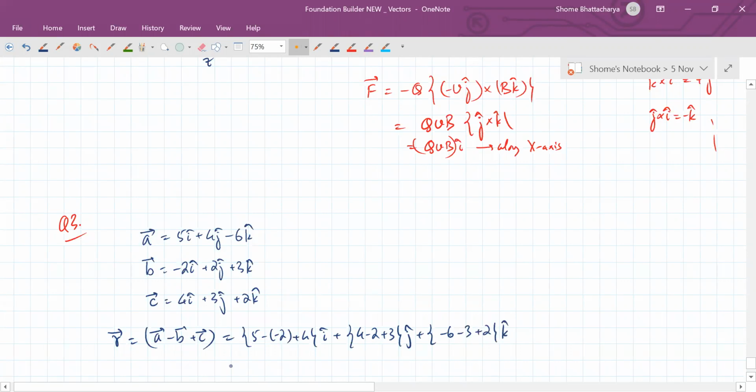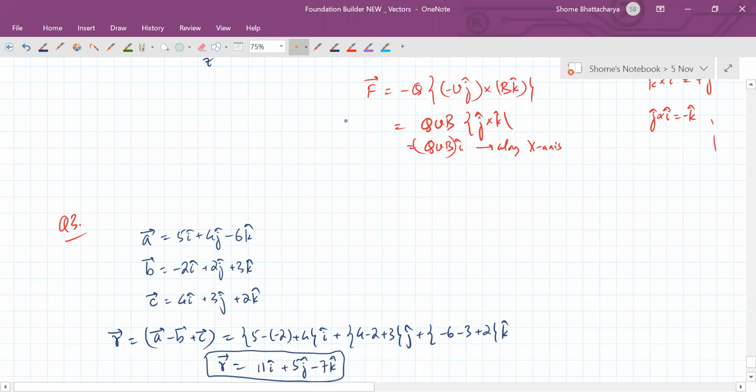So this is becoming 11 i cap plus 5 j cap and then minus 7 k cap. So this vector r is done. So this is the first part.